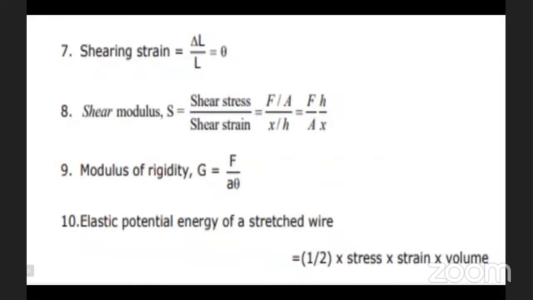Shearing strain equals del L by L, that is theta. Shear modulus S equals shear stress by shear strain, that equals F by A by x by h. And modulus of rigidity G equals F by A theta. And elastic potential energy of a stretched wire equals 1 by 2 stress into strain into volume.